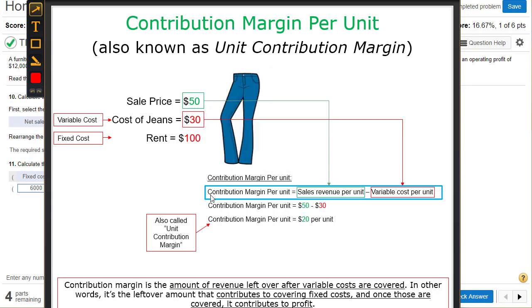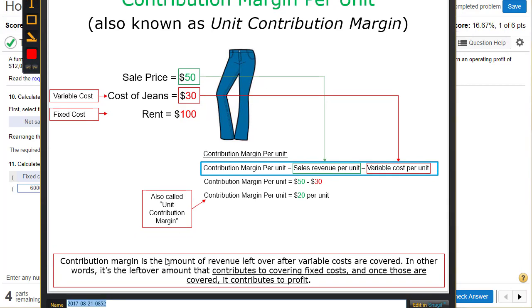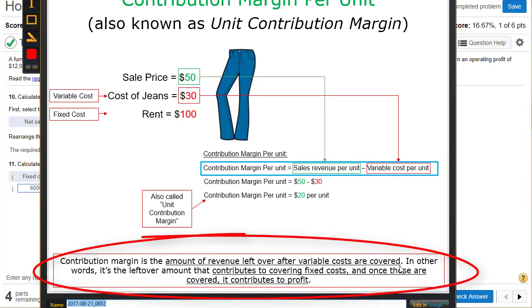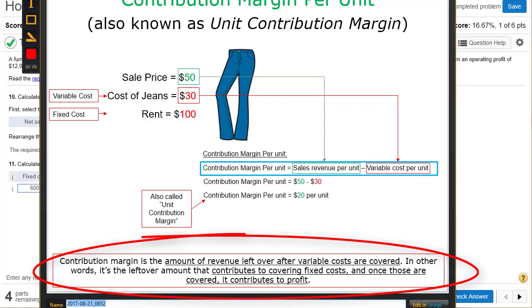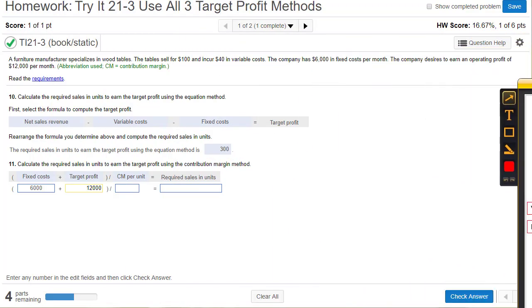So contribution margin per unit, here's the formula again. It's sales revenue per unit. So in this case of the jeans, it's $50 minus her cost, $30, gives us $20 per unit. And if you forgot what contribution margin means, here's the definition once again down here, which we've gone over so many times. So that's an easy example of how to do contribution margin per unit.